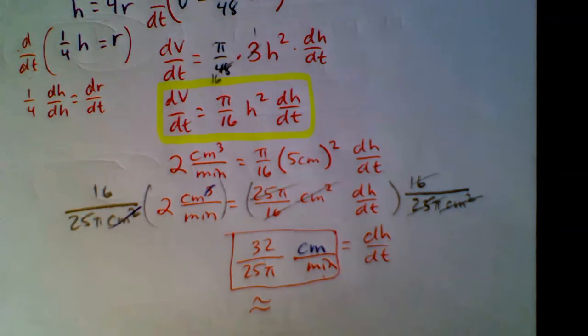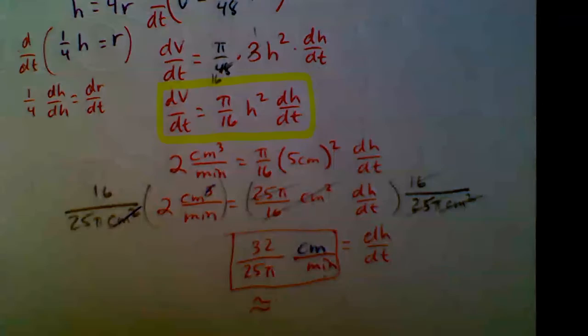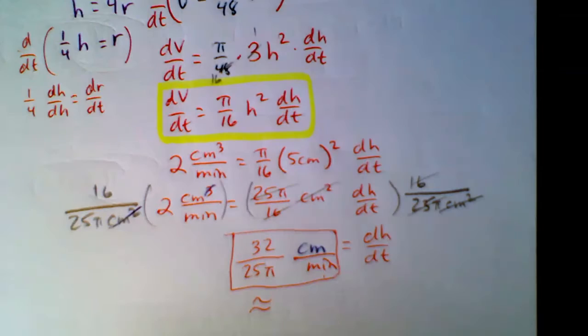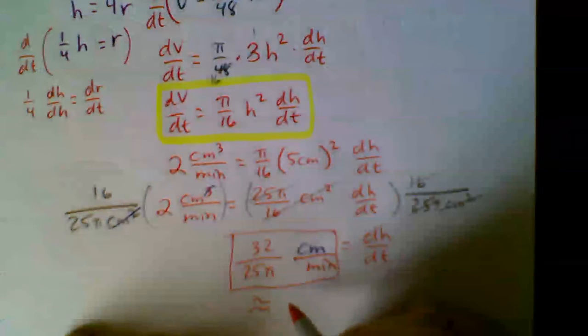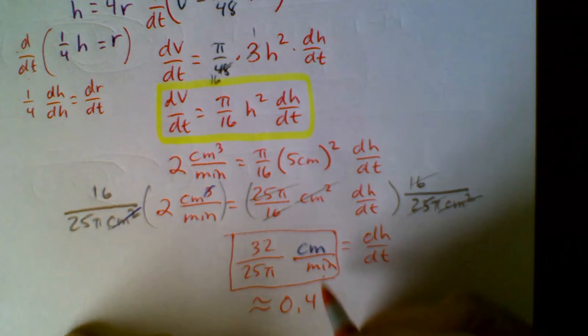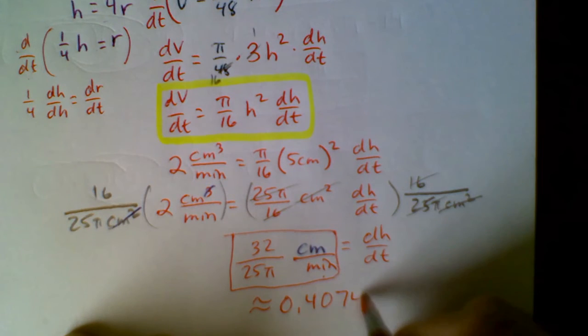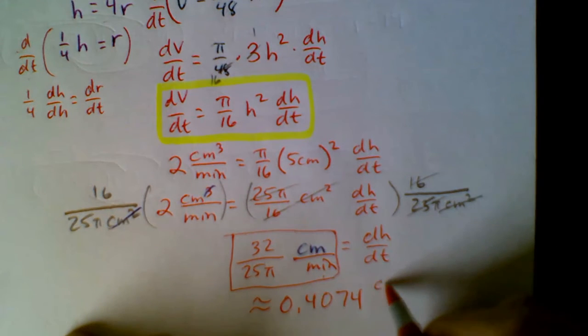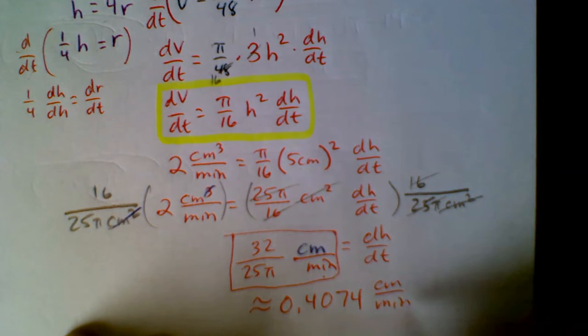Unfortunately, I didn't set this up to do it on the screen, but 32 divided by 25 times pi should be approximately 0.4074. Always include at least 4 decimal places, centimeters per minute.